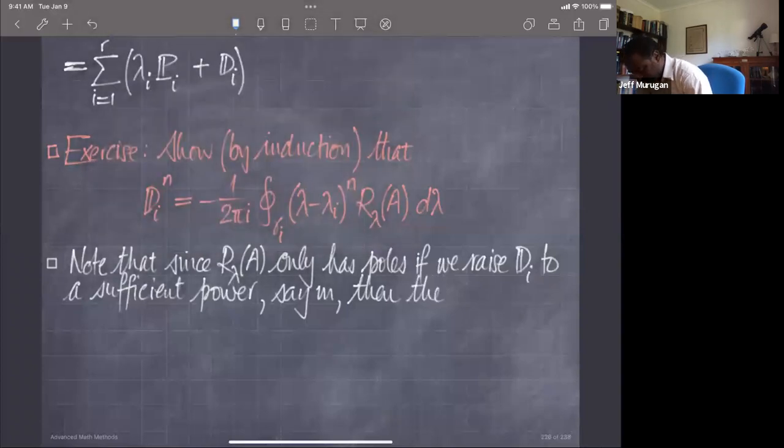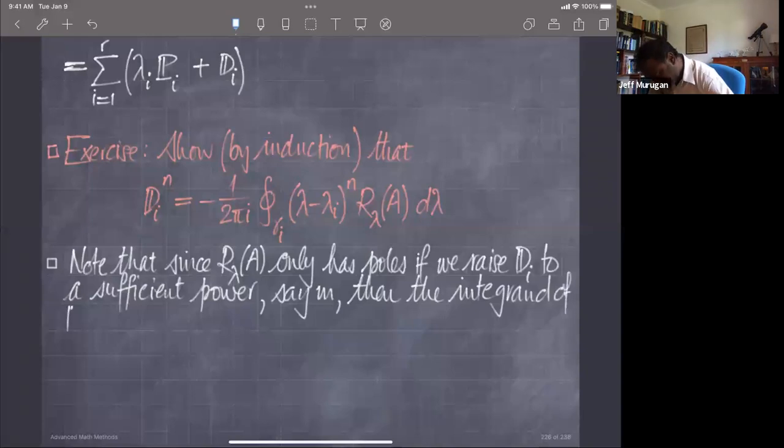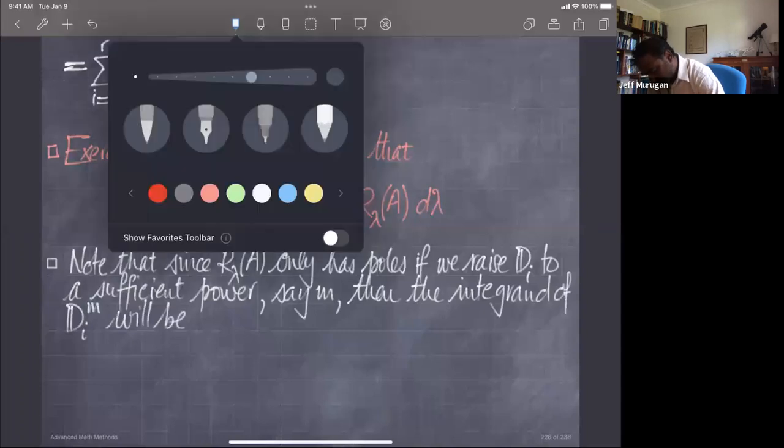Then the integrand of di to the m will be analytic.